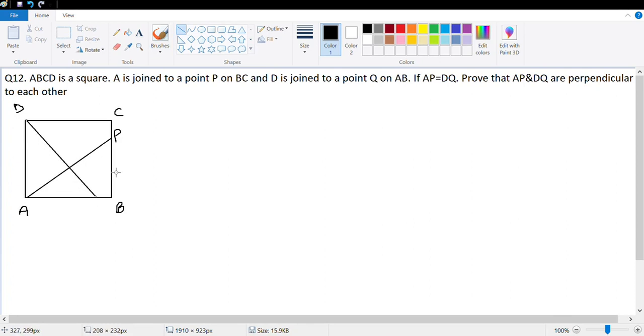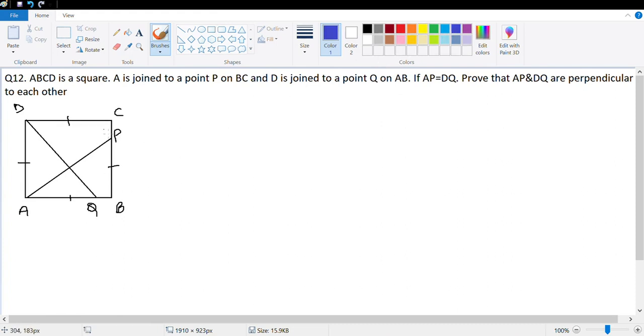Okay, Q. If AP is equal to DQ, so first all these four sides are equal. Next, AP and DQ are equal. Prove that AP and DQ are perpendicular to each other. So we need to prove that this is a perpendicular. Perfect. So let's see how we can solve this.